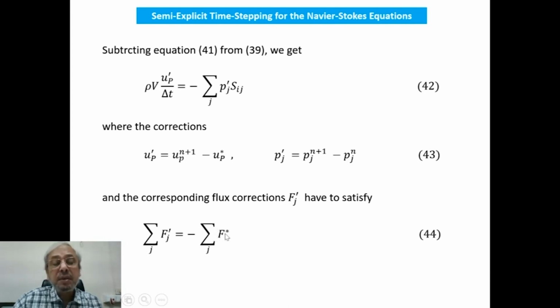So this mass flux, if we calculate using the correction term, is the mass flux correction, and if we calculate using provisional velocity u star, this is f star.